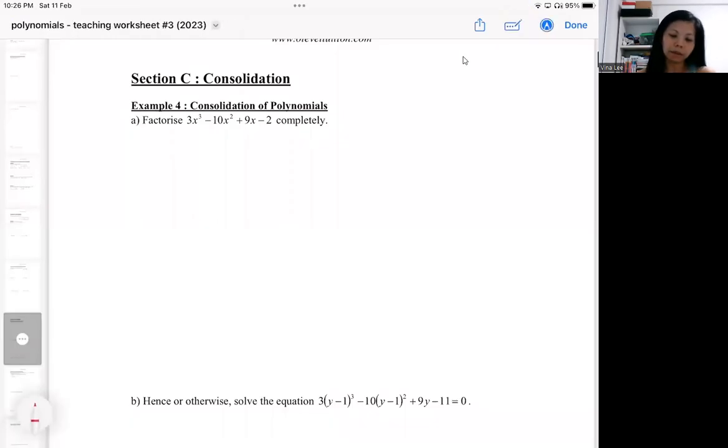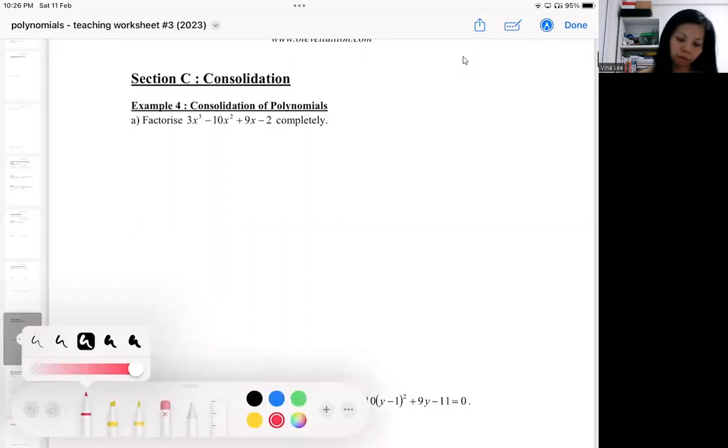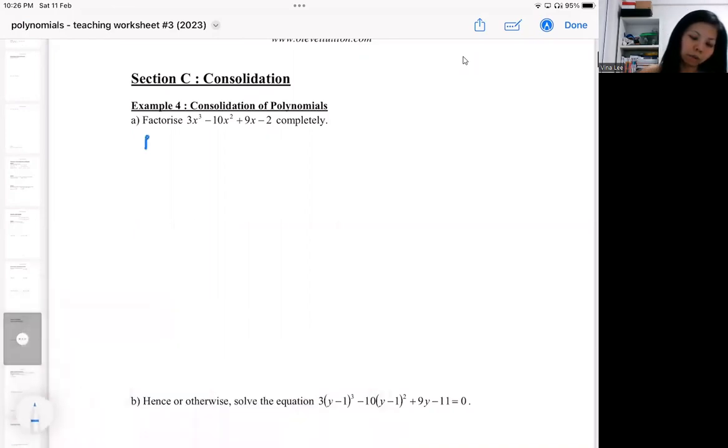For this example, it's an extension of the cubic equation. If you look at example 4A, you realize that it's the normal factorization of your cubic equation. So you just do your normal steps.